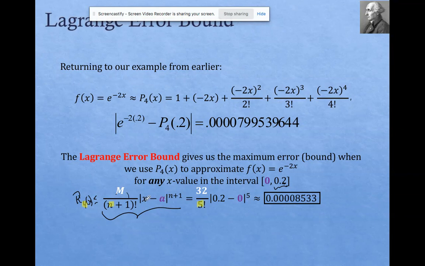X is the number I'm trying to approximate. So that was 0.2 minus my center, which was 0, raised to the n plus 1, 4 plus 1, which is 5. So if you did 32 over 5 factorial times 0.2 to the 5th, you would get this number. This number is the Lagrange error bound. It is the worst error you could get using any number between 0 and 0.2.